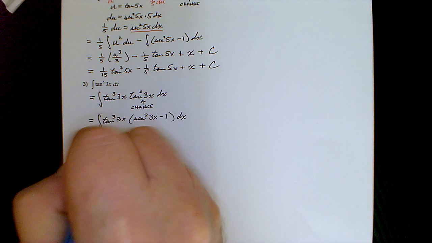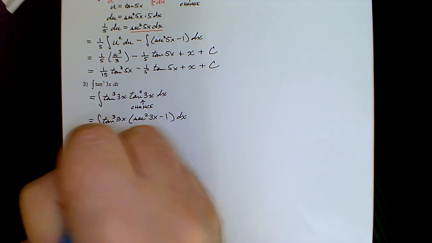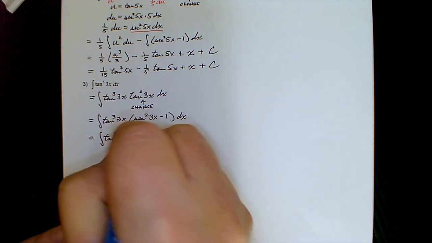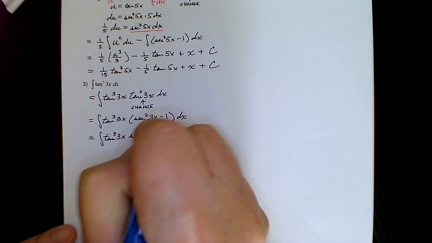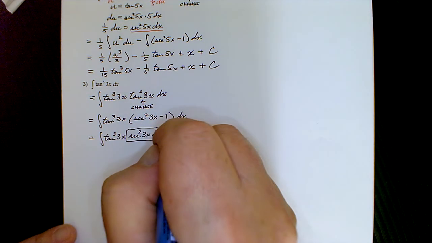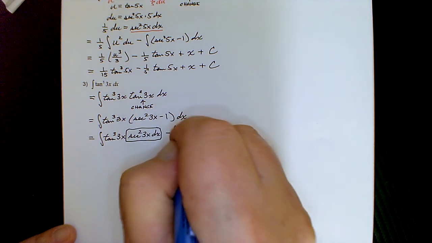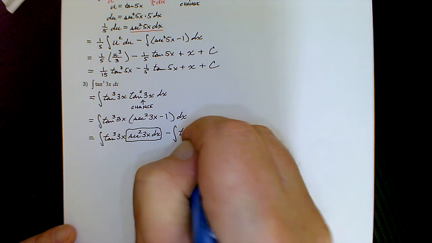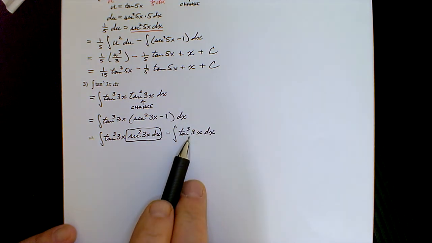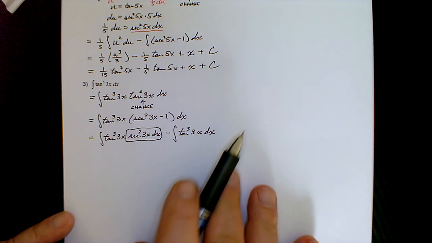And once we distribute and separate into two integrals, we get tangent cubed 3x, secant squared 3x with respect to x, which again is going to be the du, and then minus the integral of tangent cubed of 3x. So this is what I was talking about in terms of like the power on tangent was depressed.